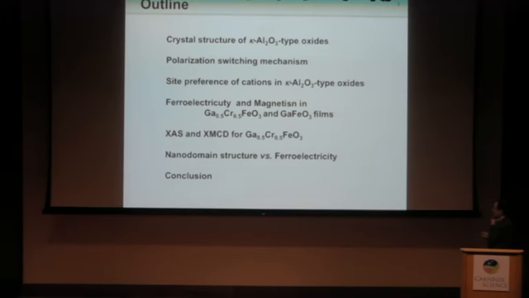Sometimes people call it gallium ferrite type, but it has the same structure as copper alumina type. Also we have carried out XAS and XMCD measurements for this material. And finally, we have observed the nanodomain structure by STM.